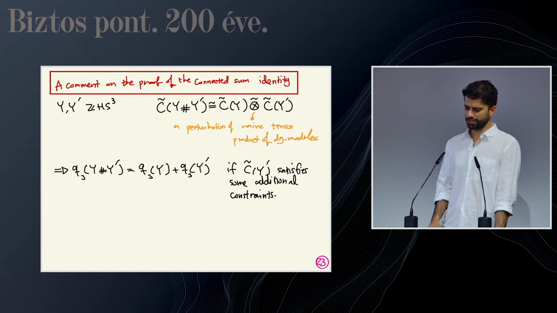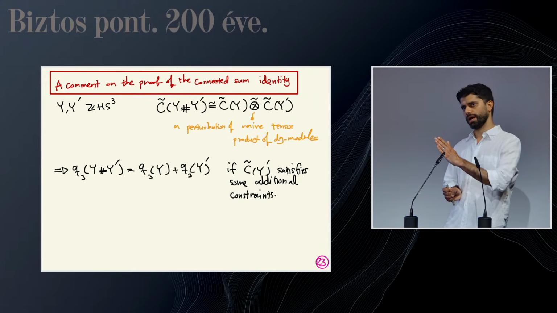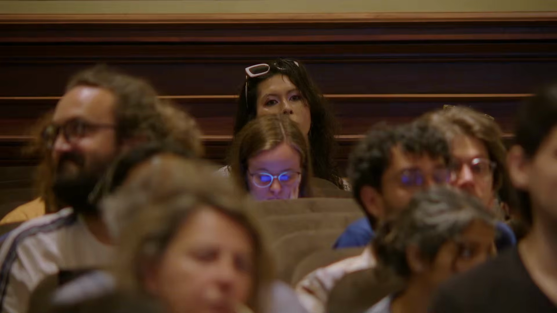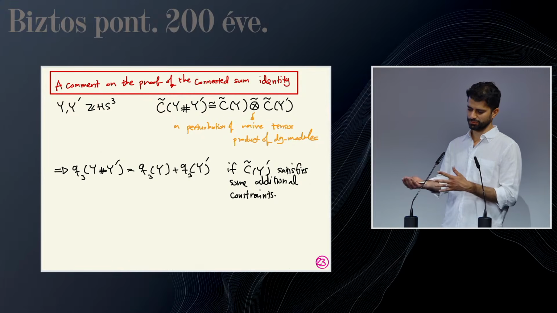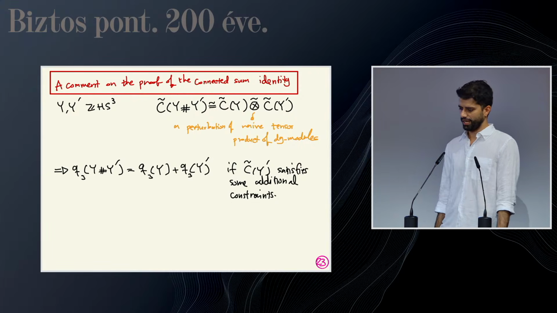The conceptual reason behind this is that if you look at the diagonal map in SO(3), and we talk about the multiplication map, the multiplication map is cellular, but the diagonal map is not cellular, and you have to homotope it. Then you have the product of homotopies, and you have to do some other homotopies, and if you keep doing that, you get some sort of A-infinity type relation.